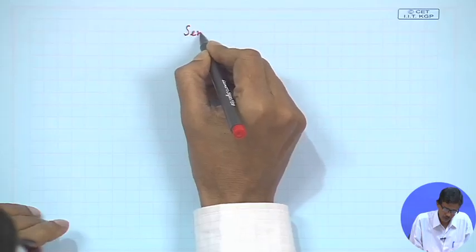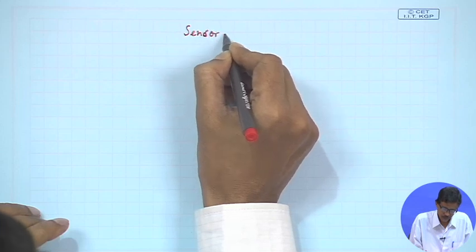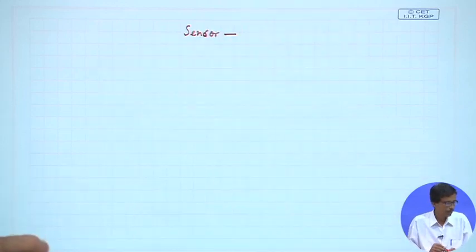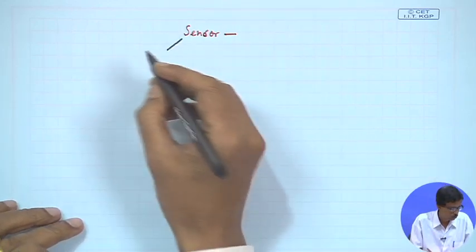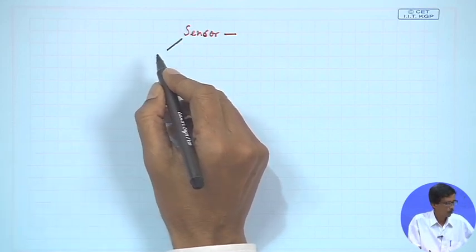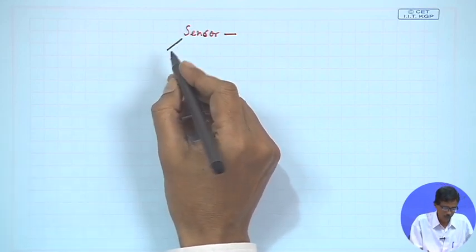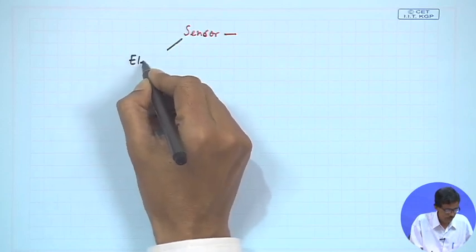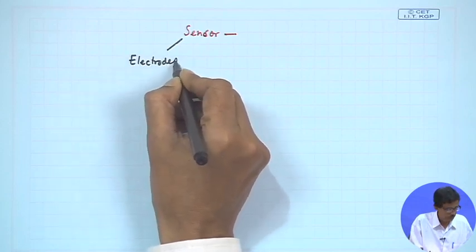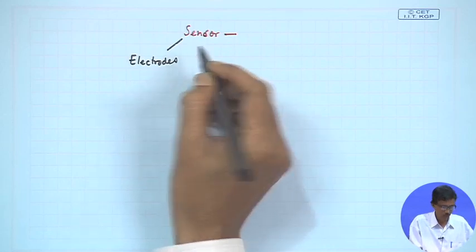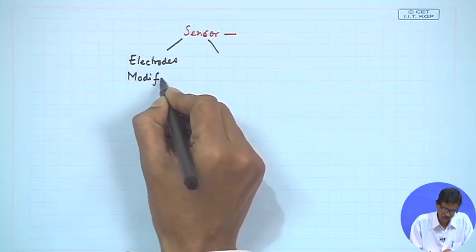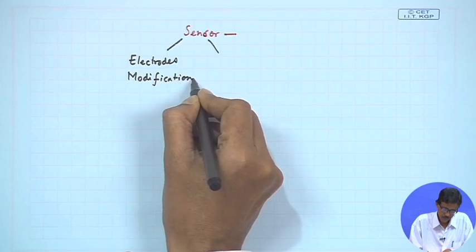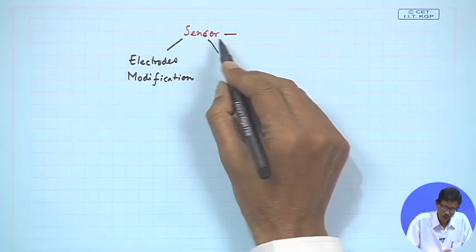When we try to develop a sensor, we can work on the electrodes and their modification.